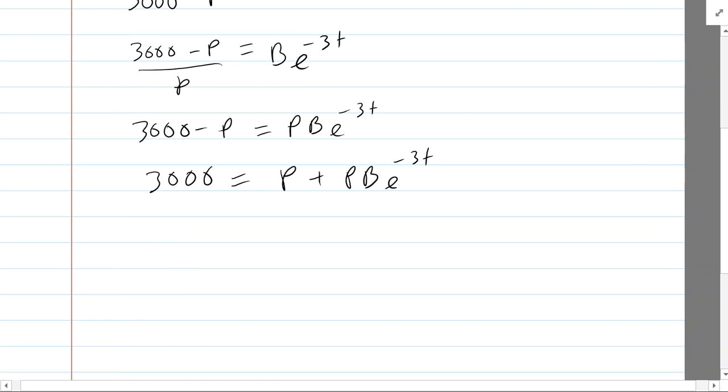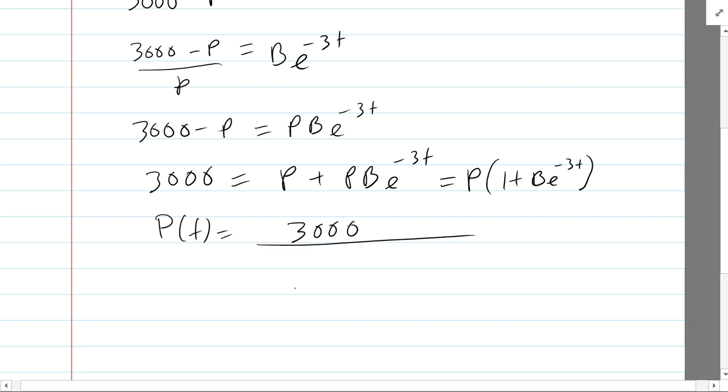We're going to factor out a P. P times 1 plus B e to the negative 3t, right? And can I solve for P now? So my P is equal to 3,000 over 1 plus B e to the negative 3t. That's your logistic growth equation.